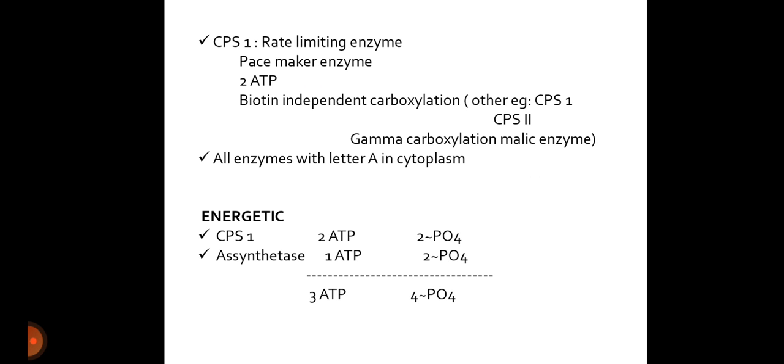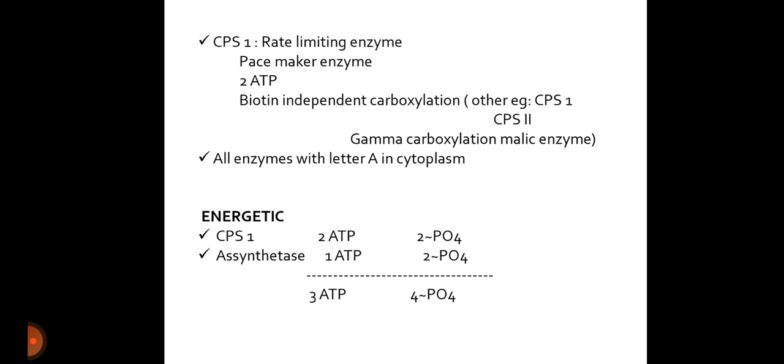The other examples of biotin independent carboxylations are CPS2, gamma carboxylation, and malic enzyme. So totally 3 enzymes are biotin independent carboxylations. And one more hint, in cytoplasm, all the enzymes start with the letter A for easy understanding.